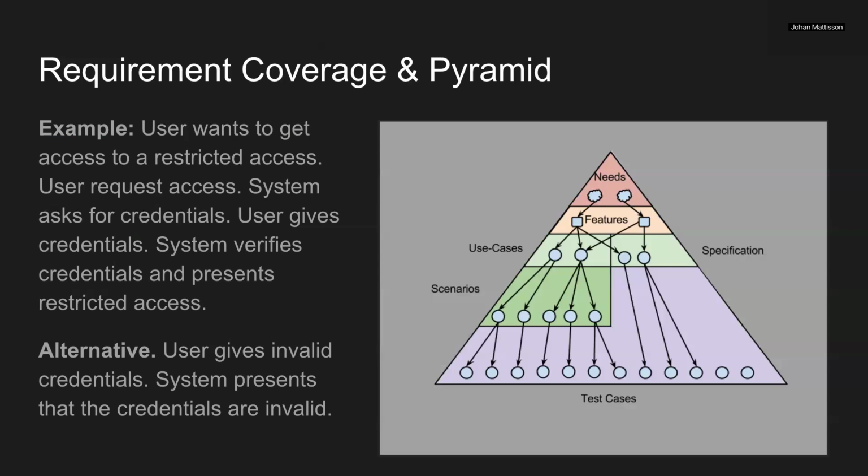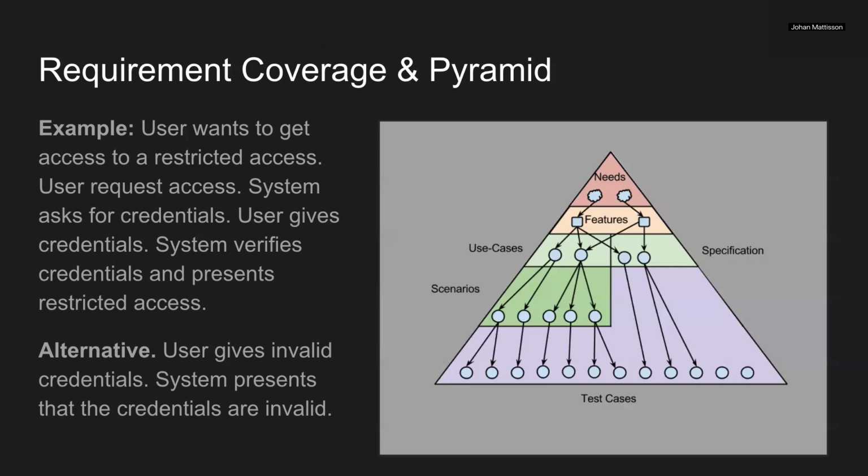Use cases explain different ways of using the system. This is a really simple example of what a use case could be. You specify the steps, or you specify what the user wants.